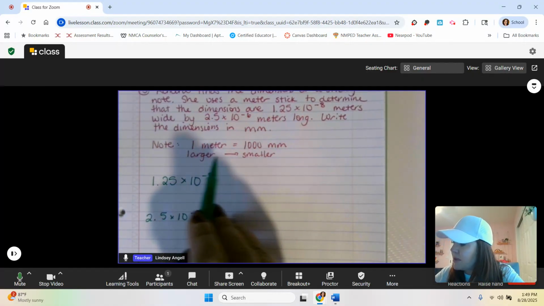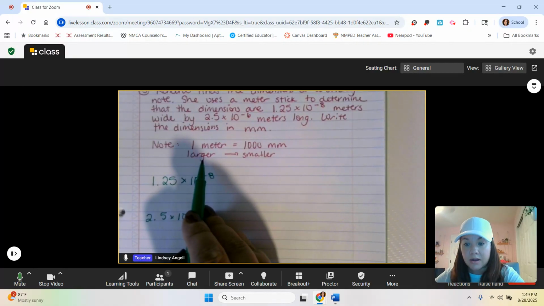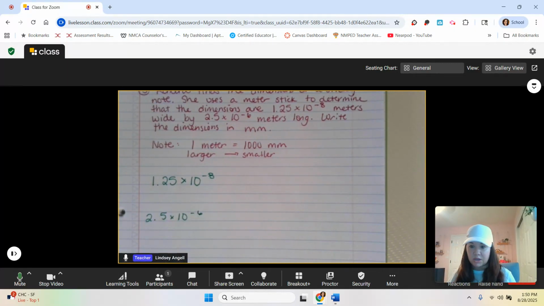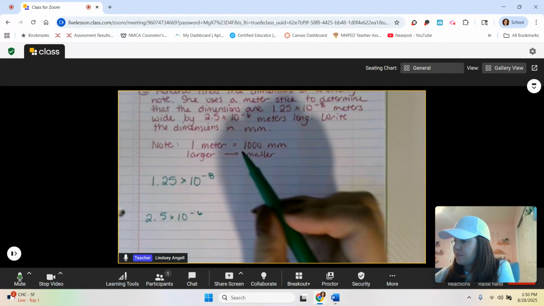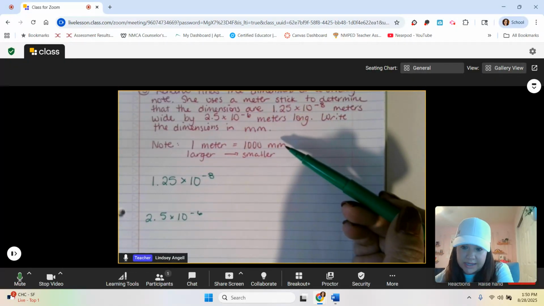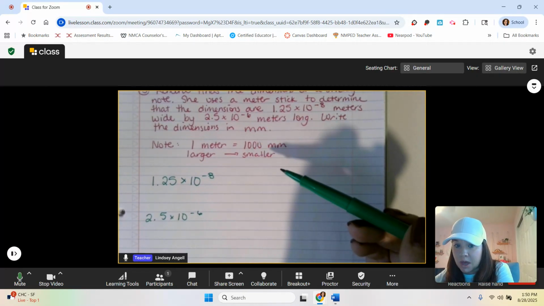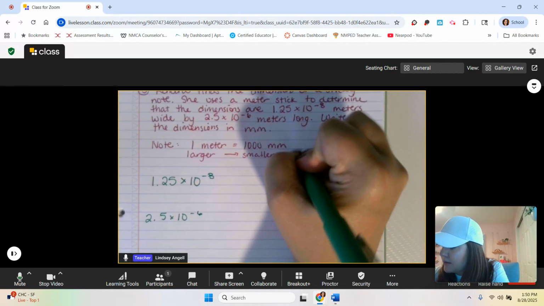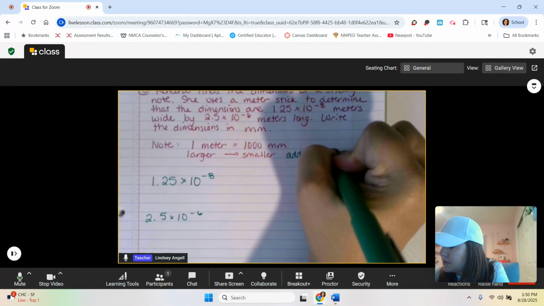Now, we're going from a larger unit, right? Meters are larger than millimeters. Millimeters are like you took 1 meter, which is about the distance from the floor to your door handle, and broke that up into 1,000 pieces. Each one of those little pieces would be a millimeter. So we're going from larger to smaller, which means we're going to add the zeros.